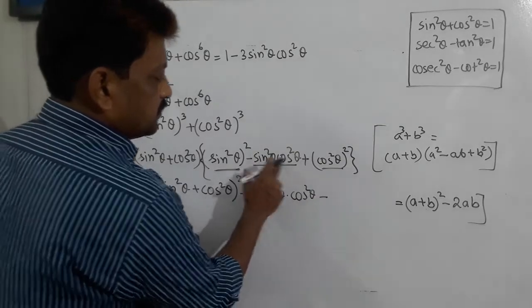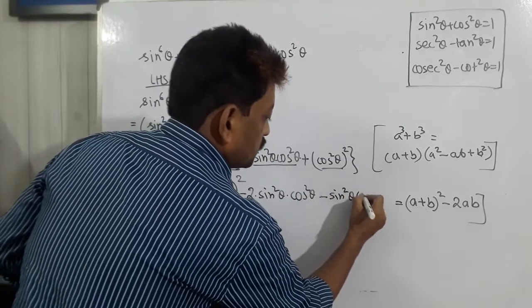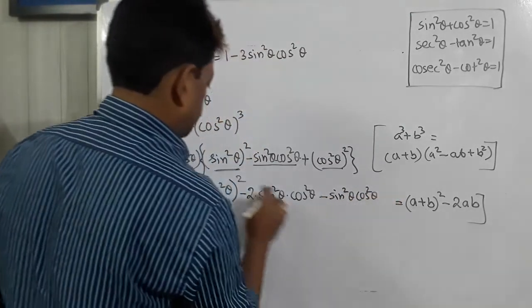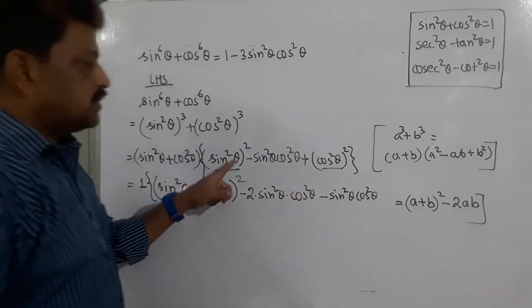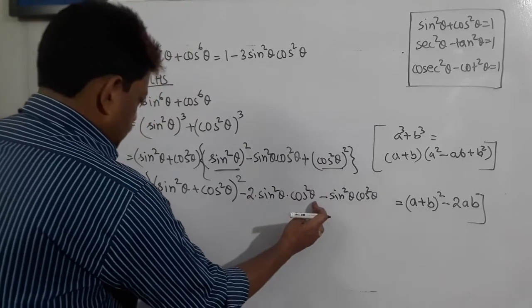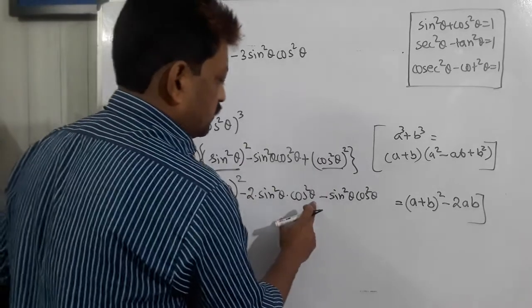So here also there is one more term left, that is sine square theta cos square theta. Understood? Sine square theta plus cos square theta is written as sine square theta plus cos square theta whole square minus 2 sine square theta cos square theta.